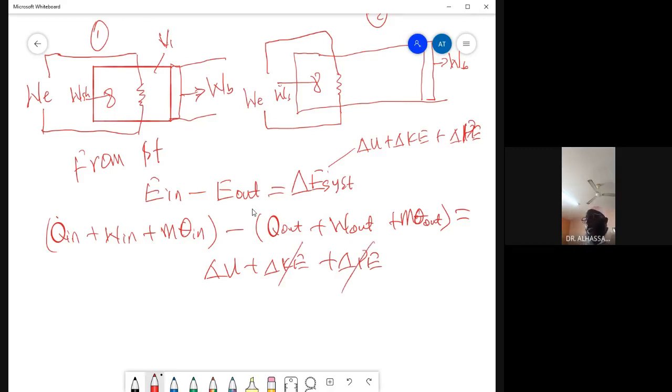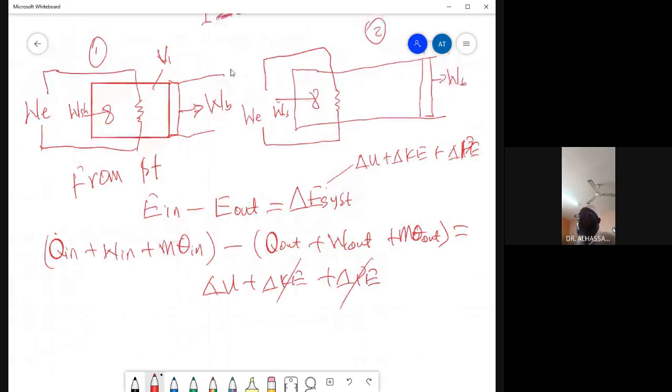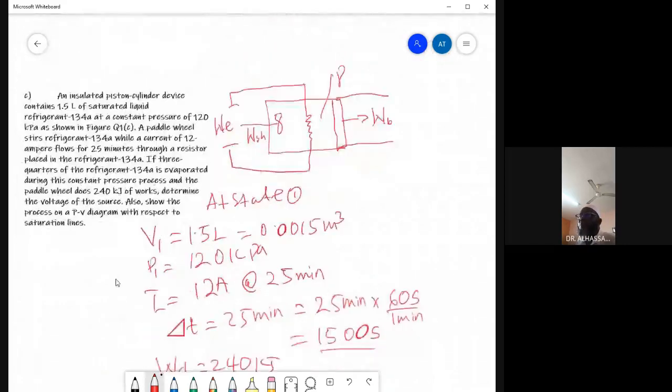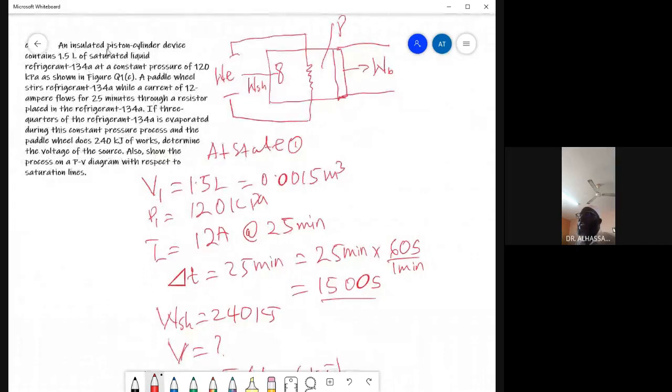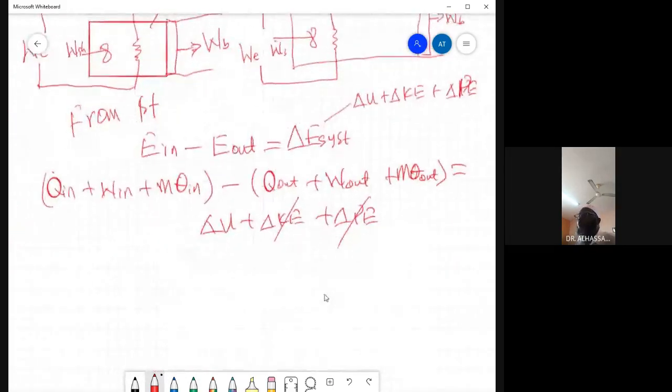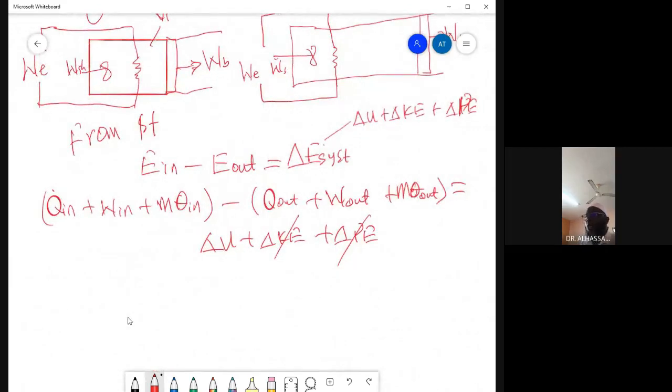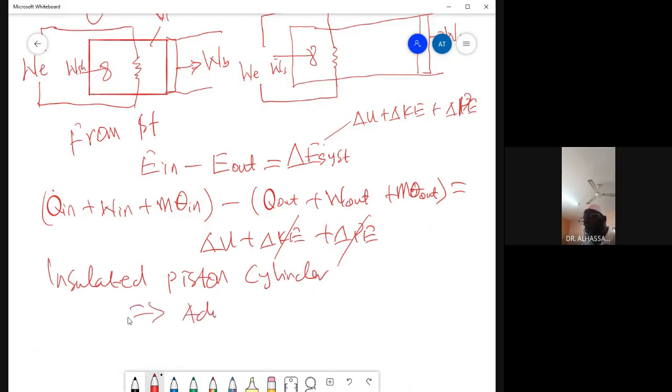So one of the basic assumptions to apply over here is that change in potential and kinetic energy are equal to 0. And if you look into the question again, you will discover that we are told an insulated piston cylinder. So insulated piston cylinder implies what? This implies adiabatic.